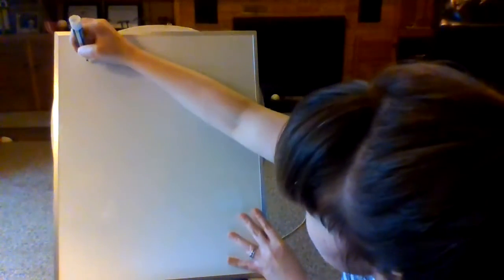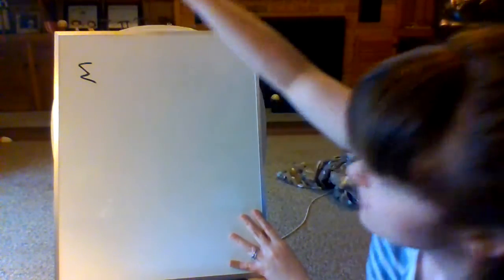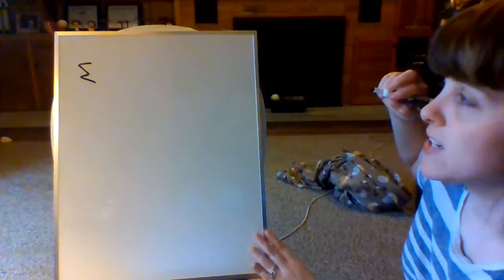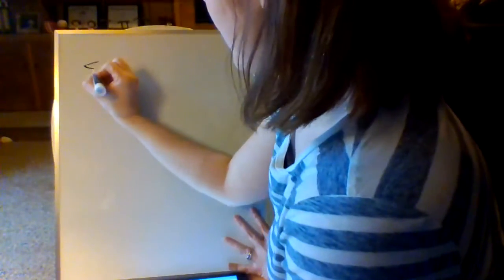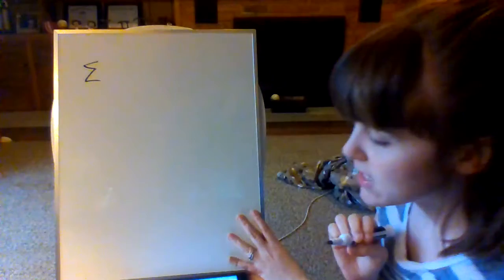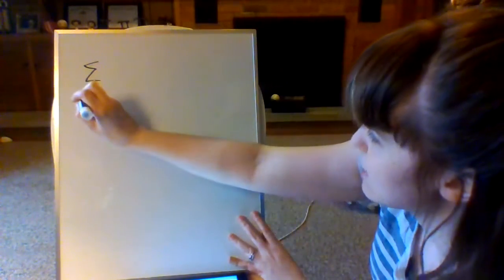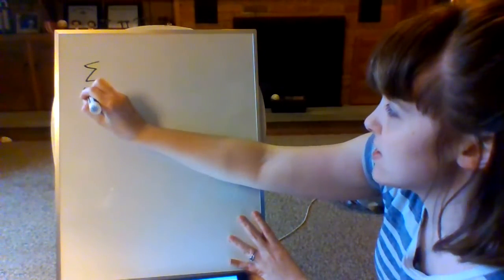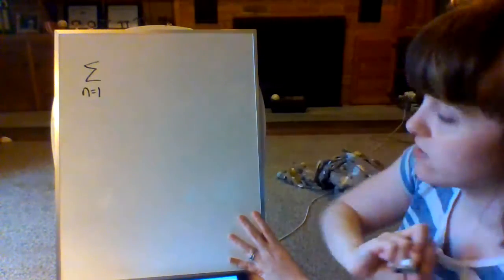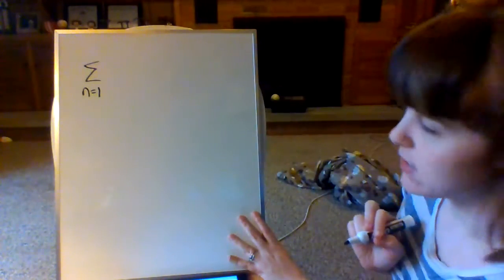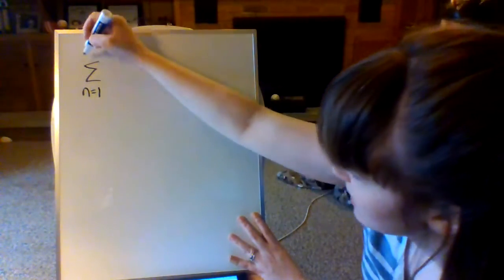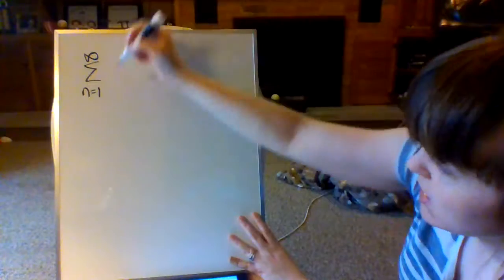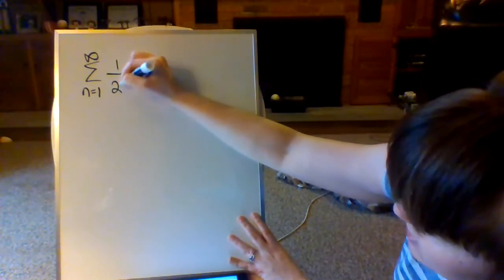So it says the summation, because that's what this means, and geometric series are adding geometric sequences together. So the summation, where n starts at 1 all the way up to infinity, and it is 1 divided by 2 to the n.